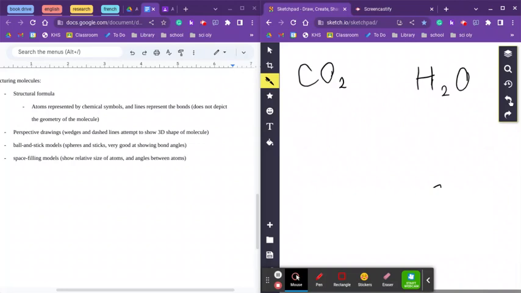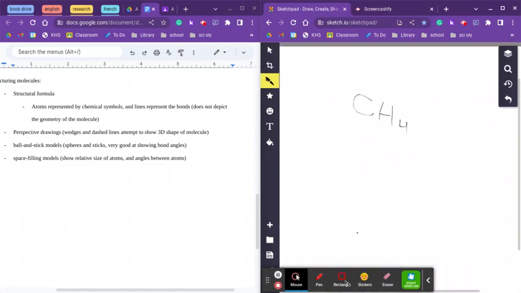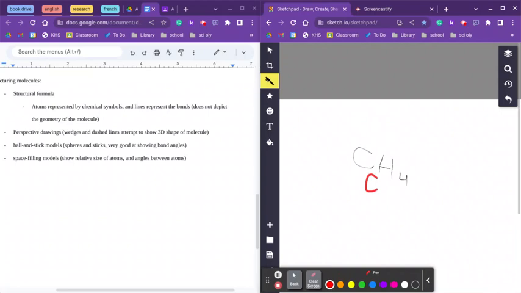Perspective drawings give a basic layout of how it would be in three-dimensional space by using wedges and dashed lines. So if we have CH4, we're going to have the carbon and then the hydrogens all around it.